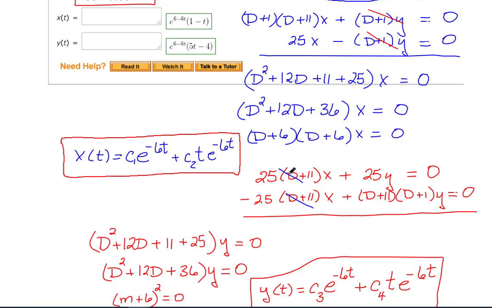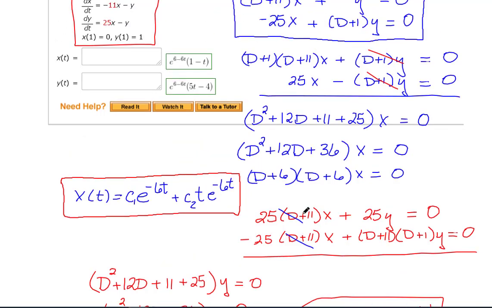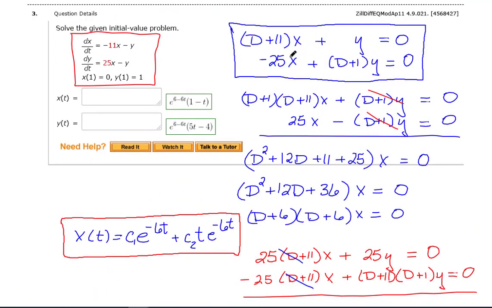I go back to my system of equations. I would now like to get rid of the x parts. Let's see. This one will need a 25. This equation needs a d plus 11.